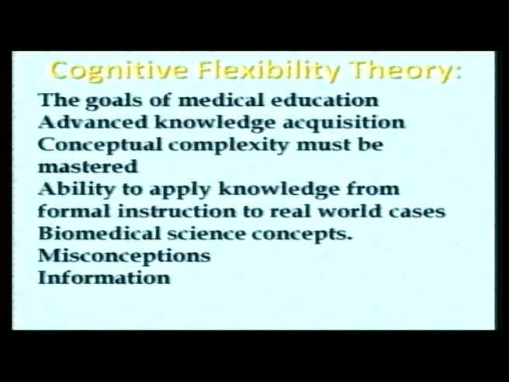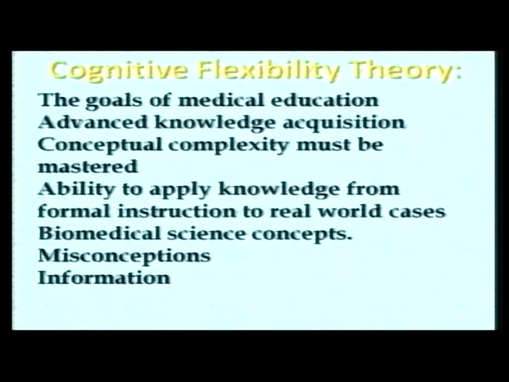Everything is the same, but Dr. X is preferred. Dr. Y is preferred next. So there is a gradation given to the doctors by the people. Why? Because it depends on their ability to apply knowledge from formal instructions to real world cases.